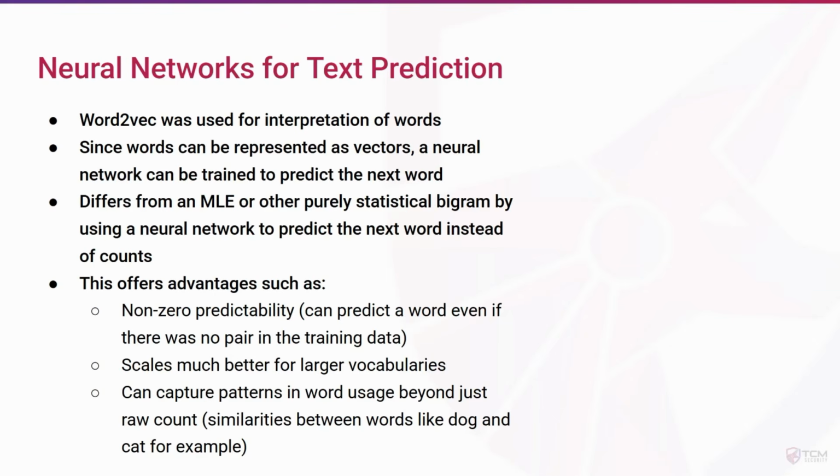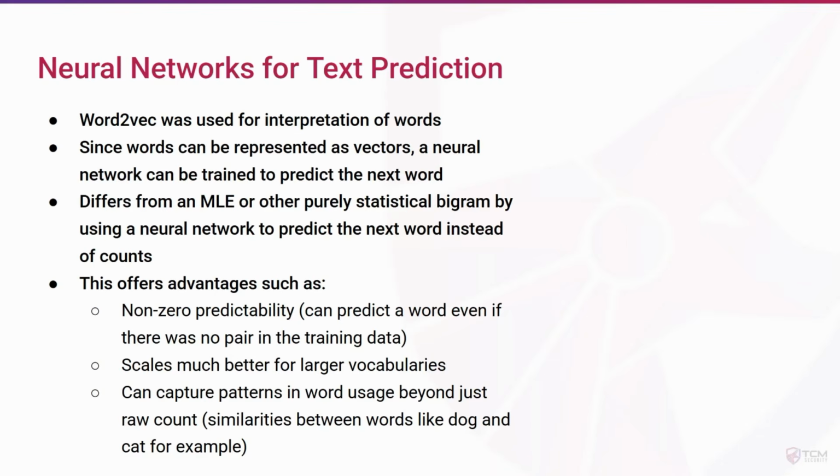This differs from the basic MLE or other purely statistical bigram that we looked at in the first lesson of this section, because it uses a neural network to predict the next word instead of just raw counts of times that a specific word followed another word in the training data.